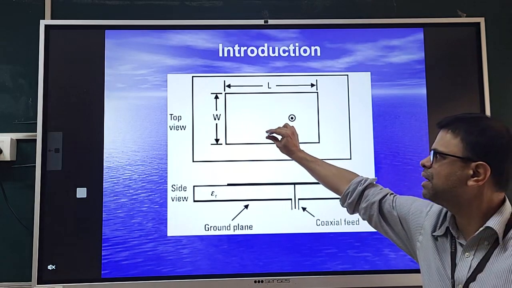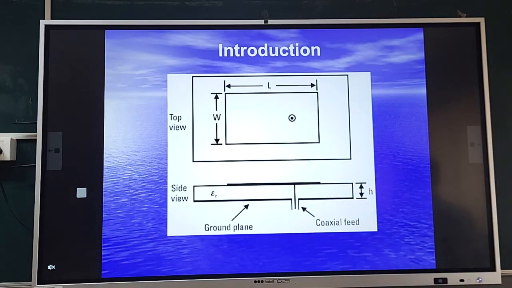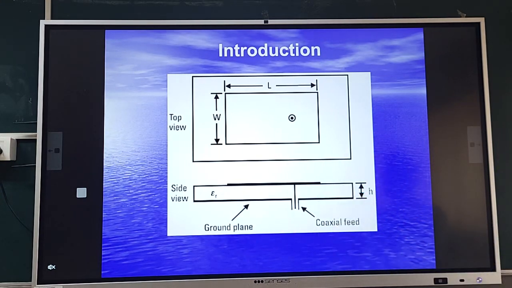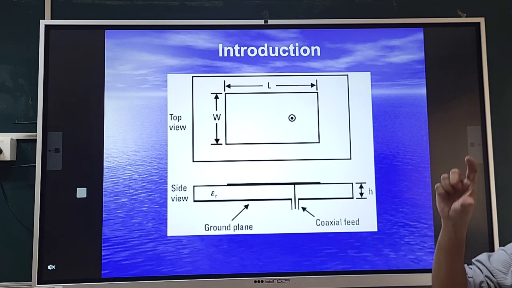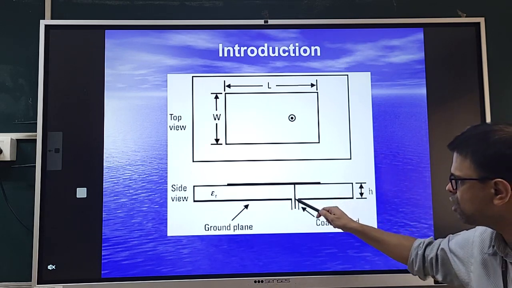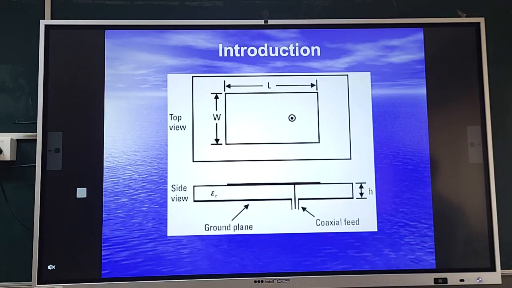Maybe a slight squint in the radiation pattern will be observed, especially for thicker substrates. Another disadvantage is that this feeding technique cannot be directly used for thicker substrate antennas, because the probe inductance of the coaxial probe will limit the bandwidth. So these are some of the disadvantages. Remember, this is a contact feeding technique.